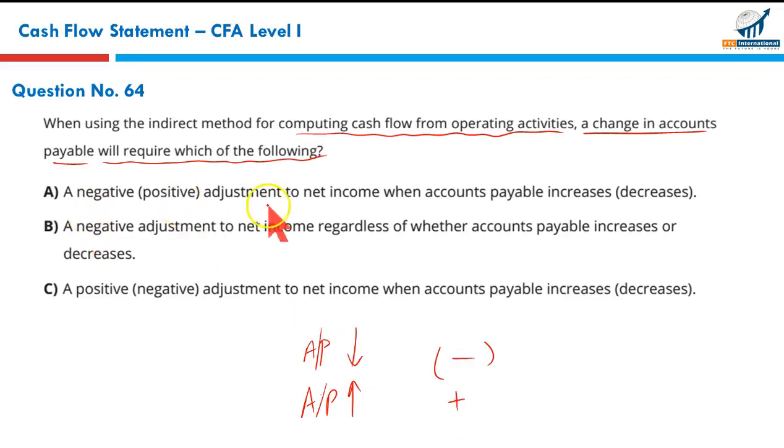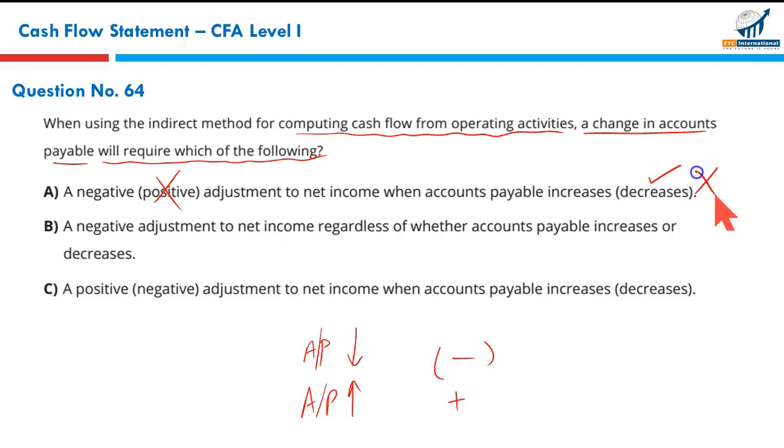A negative adjustment to net income when accounts payable increase or decrease. We have just seen if there is a decrease in accounts payable, it's an outflow. Decrease is negative, not positive.